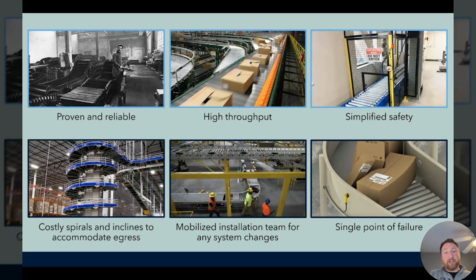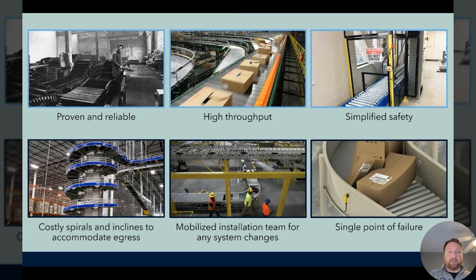Anytime you want to make a change to a conveyor system, you're going to require remobilizing installation teams, engineering teams to come out to site, make those changes, commission them, test them, and make sure that that new equipment is in the new spot operating properly.